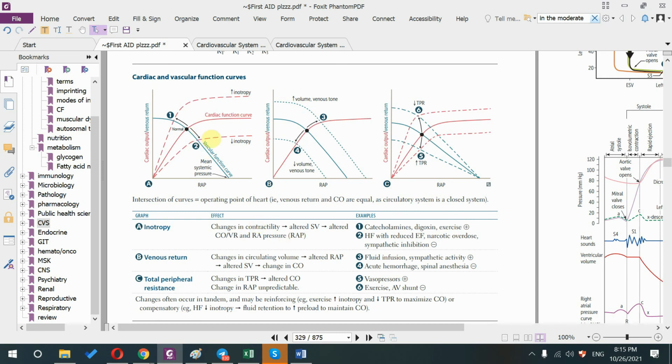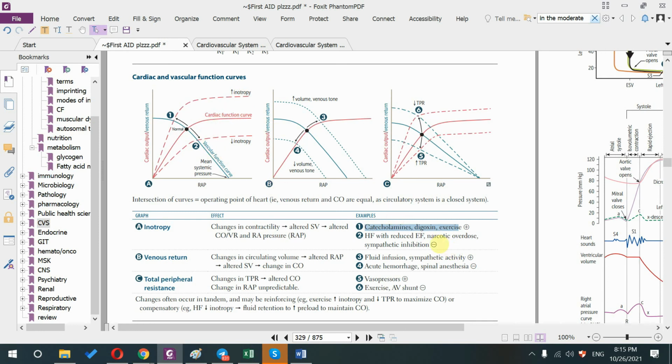So the cardiac output: if you take example number 1, catecholamines or digoxin or exercise, all of these increase your what? They increase your inotropy, yes? So your contractility will be much higher. Good. So what about the other one? What will happen to the vascular function curve?